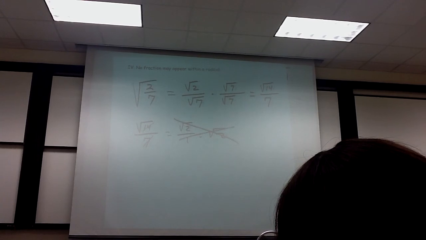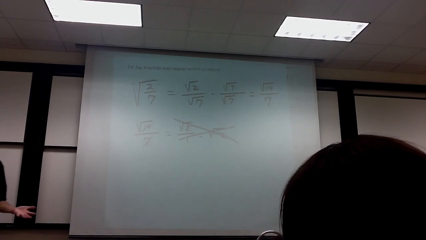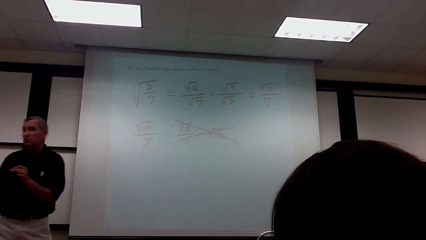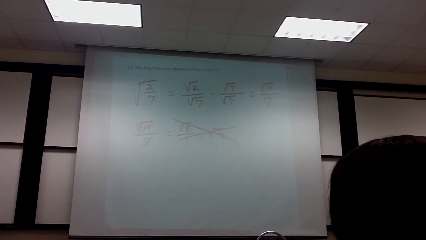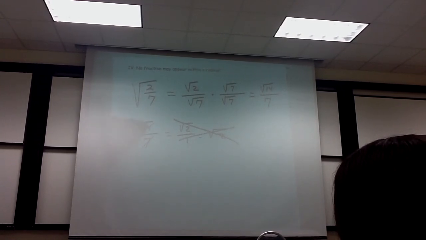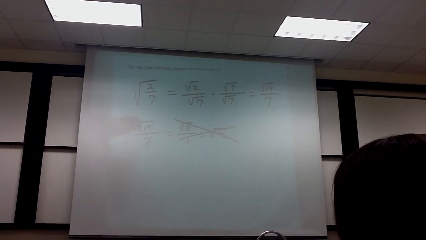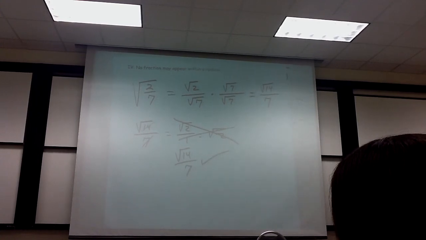That's the square root of 14. It's somewhere between 3 and 4. 7 will not divide into it evenly. So I cannot simplify a radical and a non-radical number. Square root of 14 over 7 is just square root of 14 over 7.